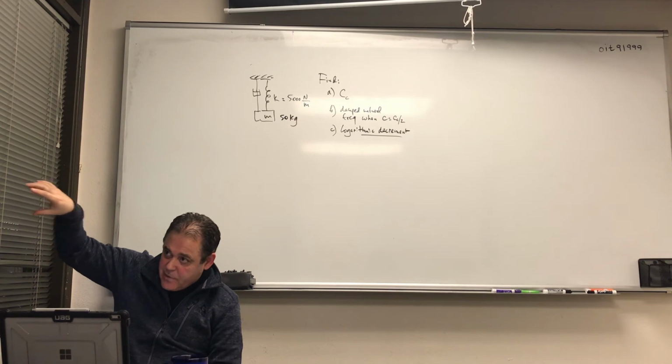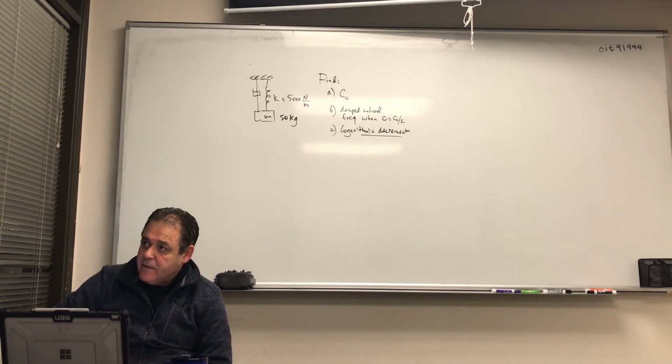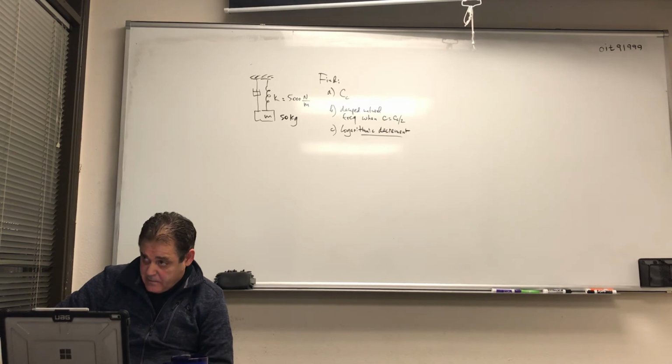What's omega d? It's the damped frequency. It's omega n times 8.66, or something like that? It's omega n times the square root of 1 minus zeta squared.